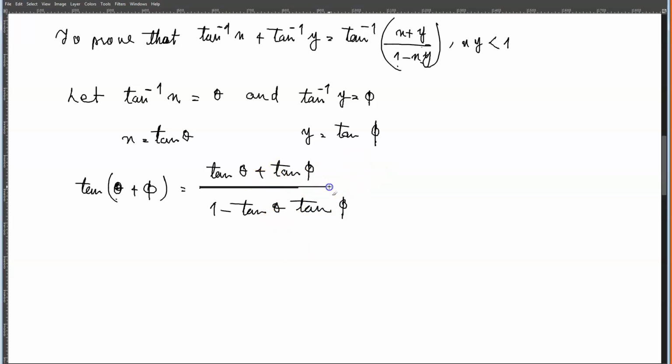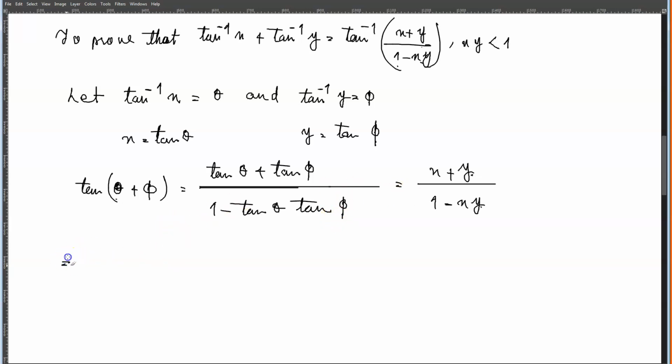So that is the same thing as basically tan theta is equal to x and tan phi is equal to y, and 1 minus x times y.